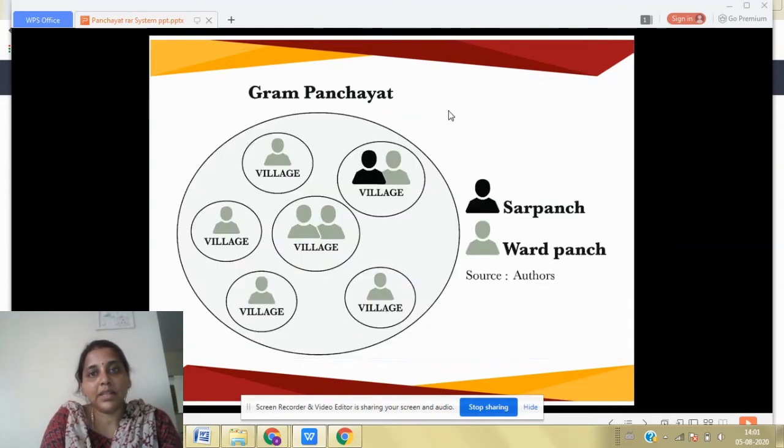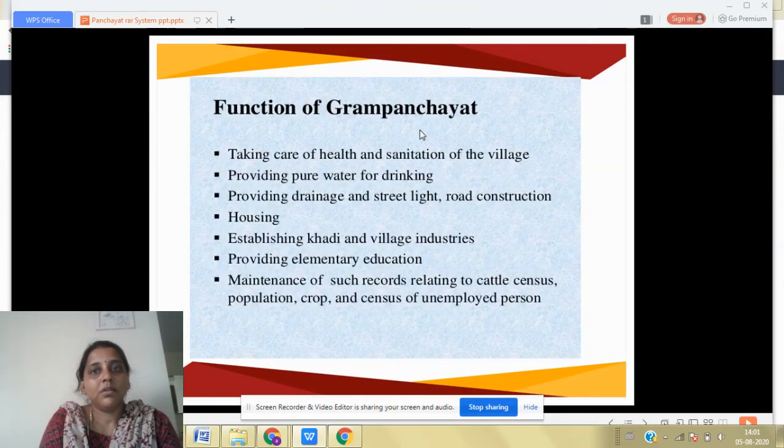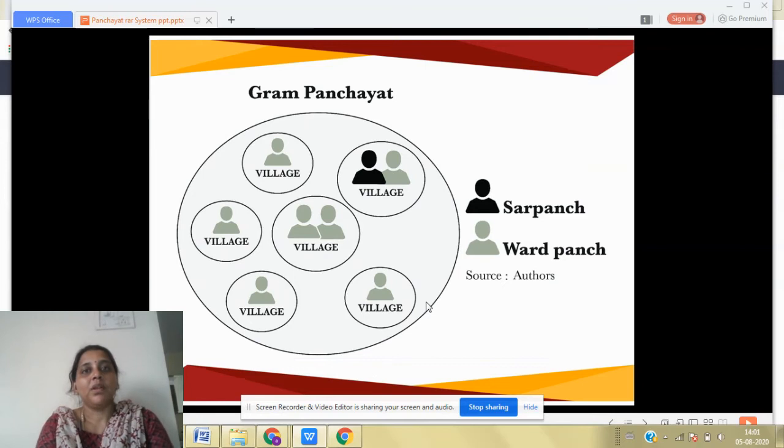Taking care of health and sanitation of the village, providing pure drinking water, providing drainage and street light, road construction, housing, establishing khadi and village industries, providing elementary education, maintenance of records relating to cattle census, population, crops, and census of unemployed persons. Now, children, can you see here? This is a village, this is a village, this is a village.